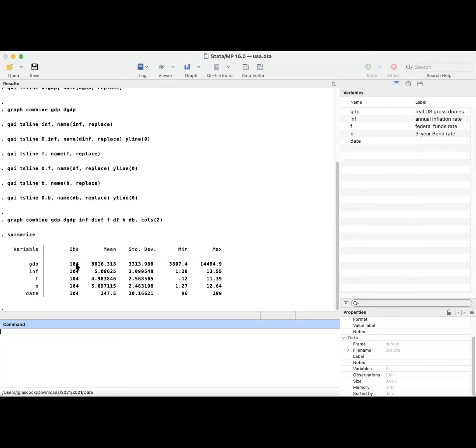In total, we have 104 observations. The system gives the mean, standard deviation, minimum, and maximum values of each variable, summarized in a table. What if we would like to divide the sample into two subsample periods, dividing in half, and then calculate the statistics for both of them separately?